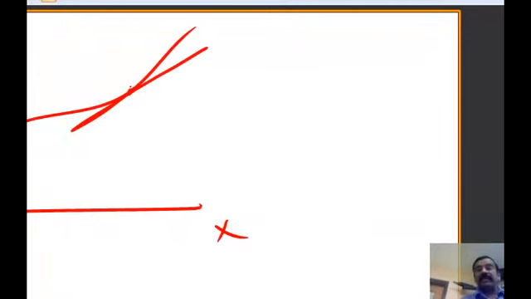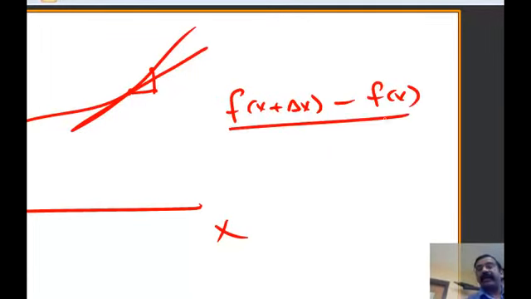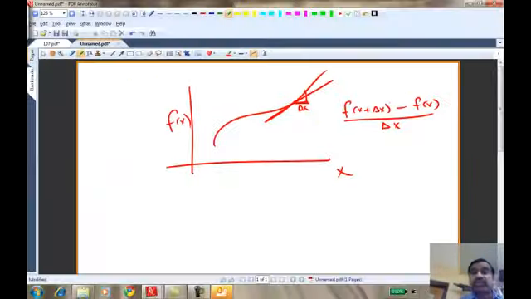Okay, and that is simply take another point on that curve and then calculate what is the function difference. So we will write this as f at x plus delta x minus f at x divided by delta x, in the limit of delta x going to 0. So this is delta x, the x-axis, and the y-axis is the difference between the function at x plus delta x minus the function at x.